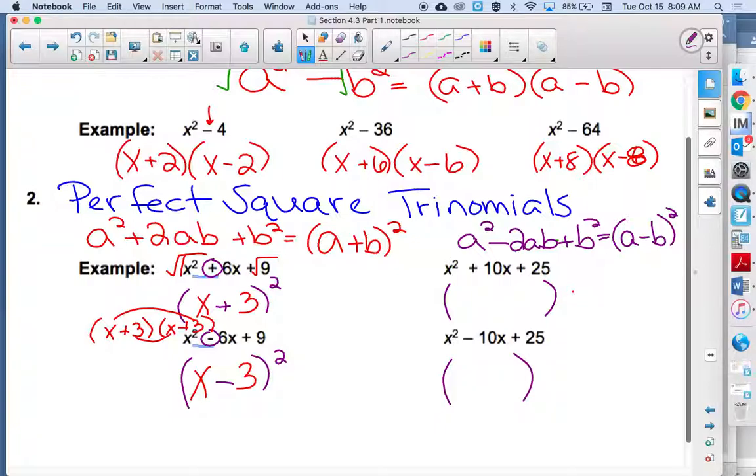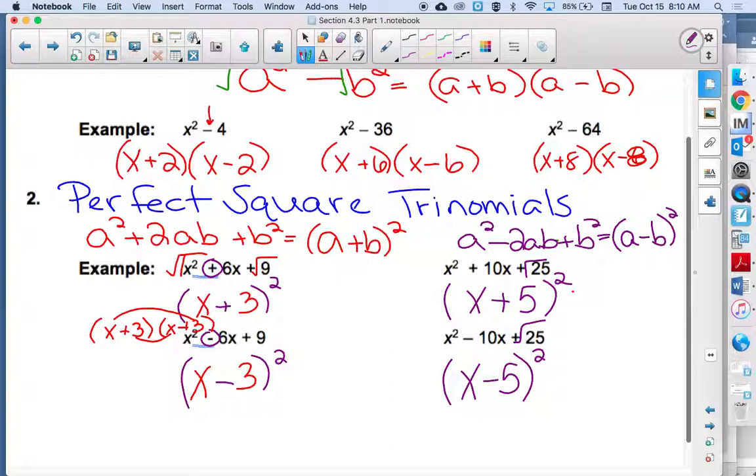The first one, the top one? Yep. X plus 5 and then squared. Right, and then the one on the bottom would be x minus 5 squared. x minus 5 and then that quantity squared. So if you can recognize that they're perfect squares, you're taking the square root and then just factoring it as one set that's squared.